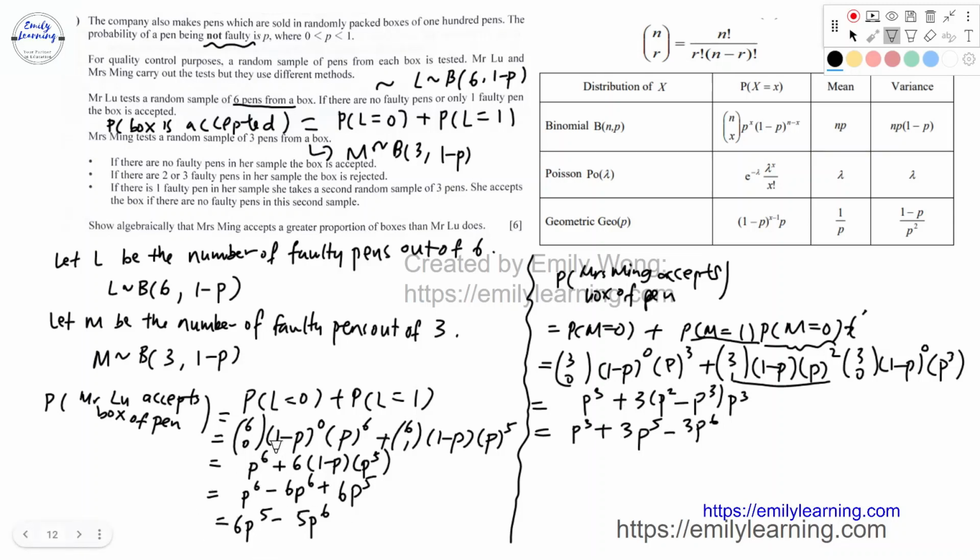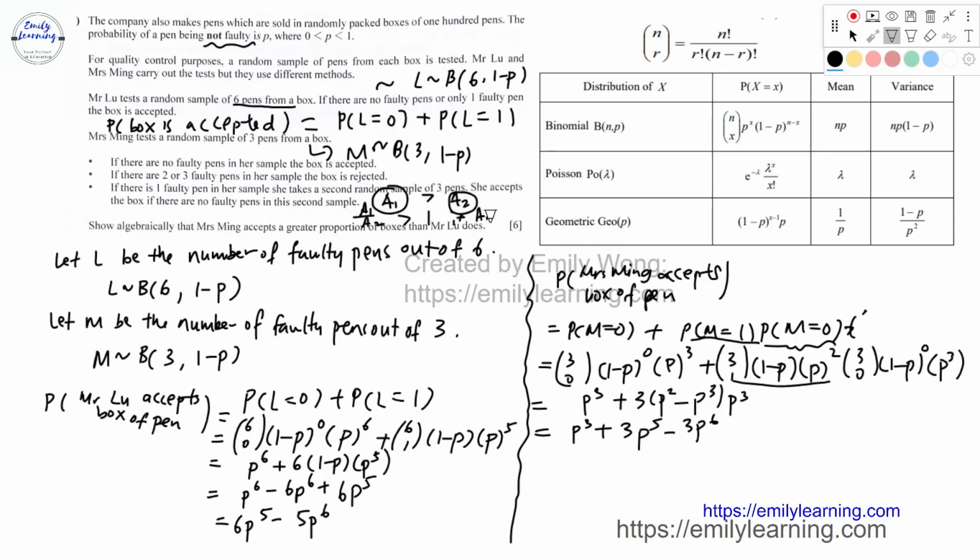For math, in order to show that something is greater than another, there are two things to do. If I want to say that A1 is bigger than A2, how do I show it? I can show that A1 over A2 is greater than 1, provided that both A1 and A2 are positive.